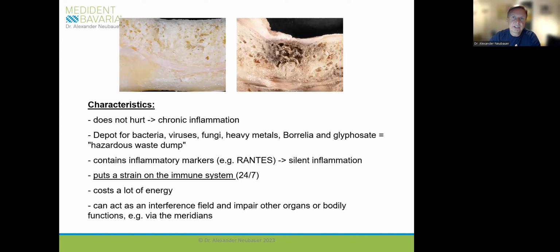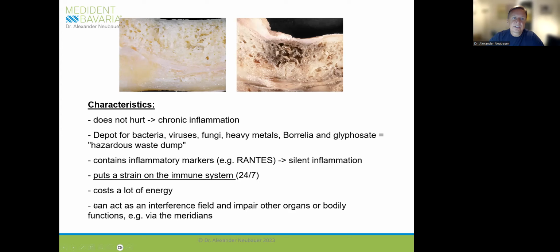A silent inflammation and a chronic infection anywhere in your body, and especially in the jawbone, costs you a lot of energy because the immune system is constantly fighting against this infection. And if the immune system is constantly on fire and constantly working, this costs you a lot of energy and makes you feel weak or tired. Your sleep won't be very good, and you will be tired actually all the time.